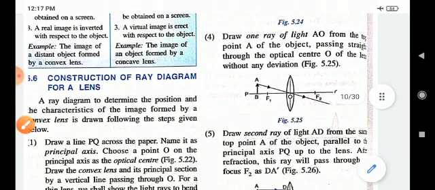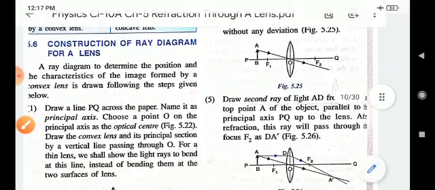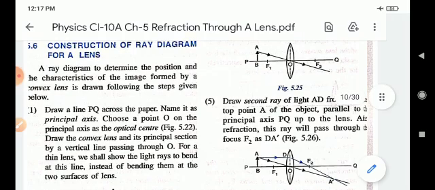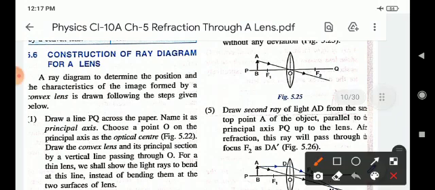Fourth point. Draw one ray of light AO from the top point A of the object, passing straight through the optical center O of the lens without deviation.